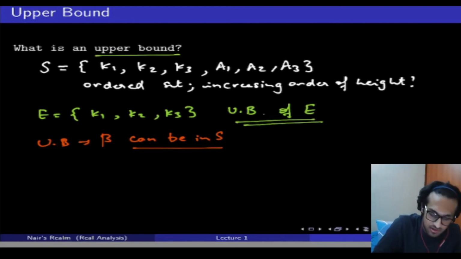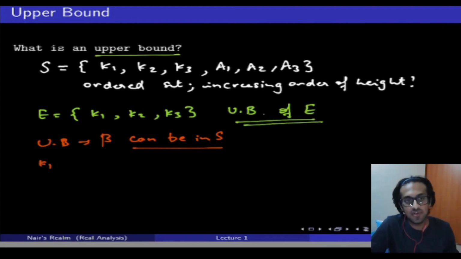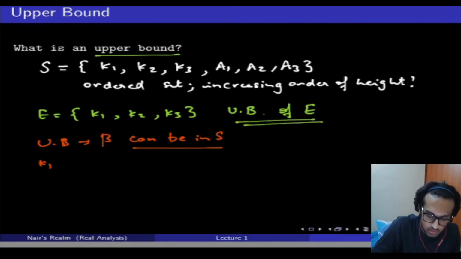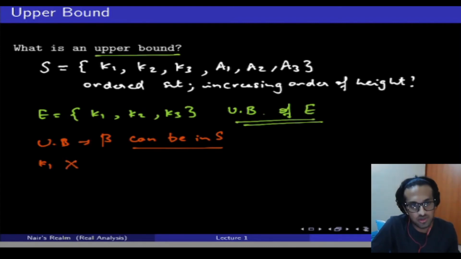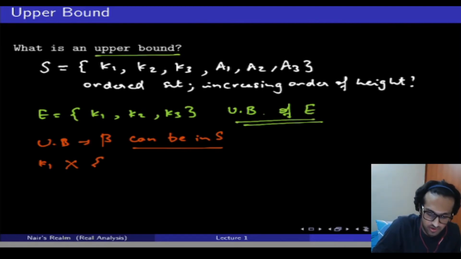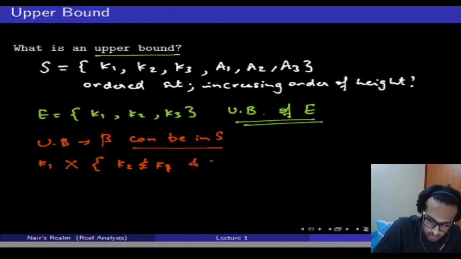Let's take K1. Can K1 be an upper bound of E? The answer is obviously no, because K2 and K3 are not less than or equal to K1.